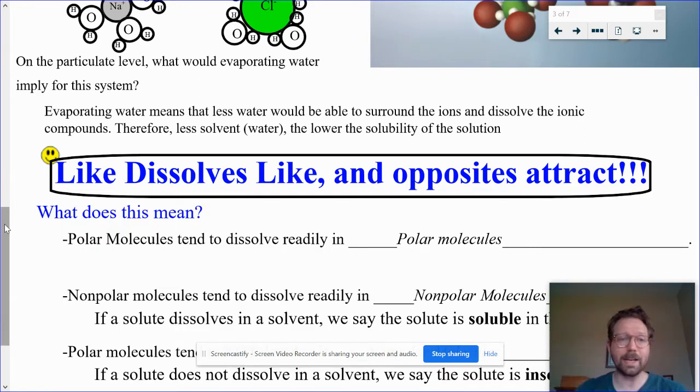Okay? So like dissolves like means that polar molecules will dissolve other polar molecules. Conversely, we also have molecules that are non-polar, things that do not have a difference of charge across the molecule. And those non-polar molecules will also dissolve other non-polar molecules.